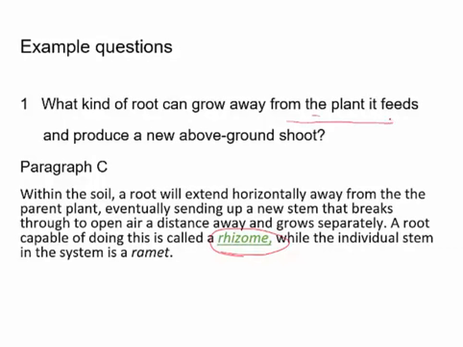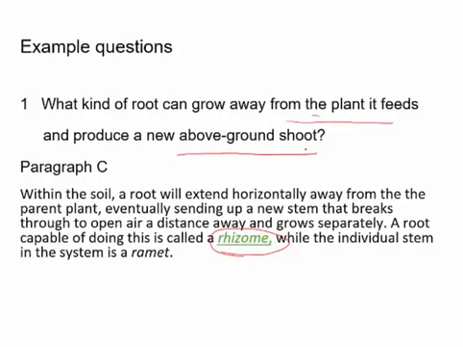So this root grows away from that plant, grows out horizontally from it, and it sends up a new stem that breaks through to open air a distance away and grows separately. Okay, to break through to open air, that's the same idea as a shoot that is above ground, right? So the stem that breaks through to open air and the shoot that's above ground are paraphrased ideas there.